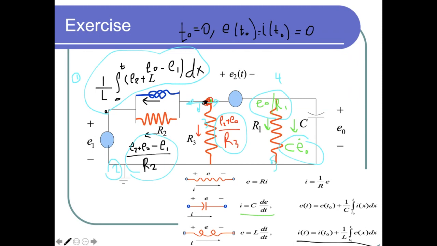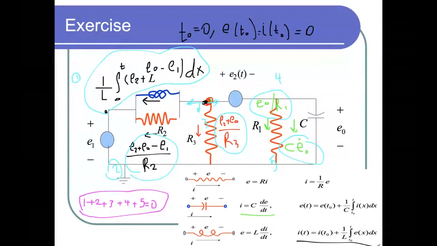So we have the following nodal balance: 1 plus 2 plus 3 plus 4 plus 5 is equal to 0. These are all functions of the voltages and their corresponding derivatives. So we have a differential equation after we take the derivative of this, because we still have an integral term here.